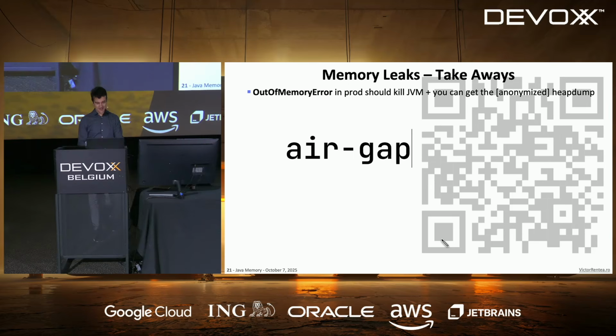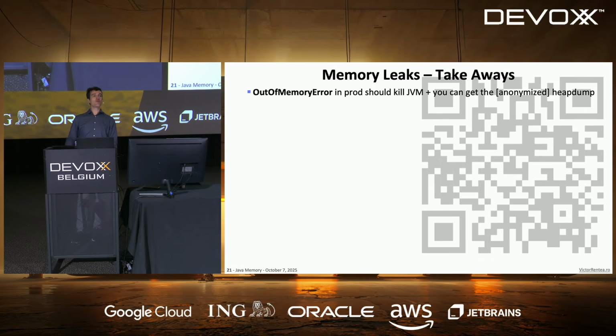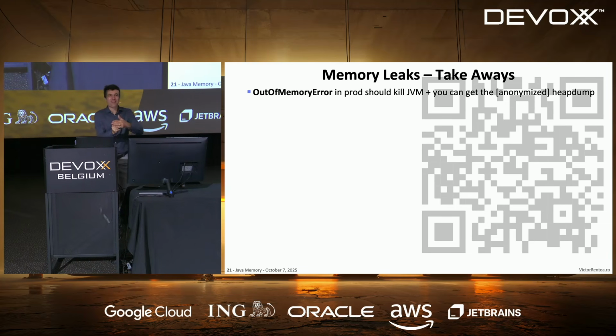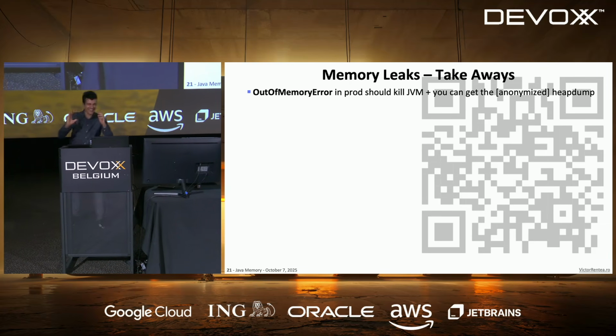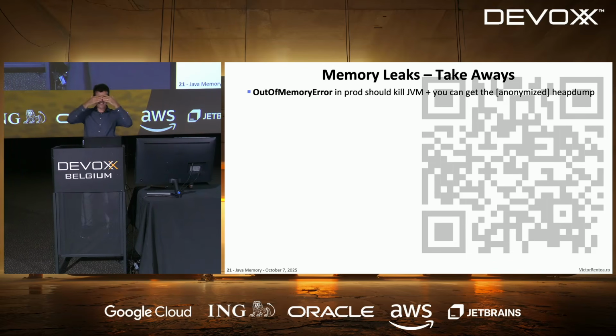Air-gapped systems is a system not connected to the internet. And I was in a workshop once with people working with such military defense things, and they said, we can't really get the heap dump from production. At one point, one of the lead ops took a stick. Let me show you. And in 10 minutes, they got the leak in front of us, the heap dump in front of us, like, oh shit, I'm not seeing this.